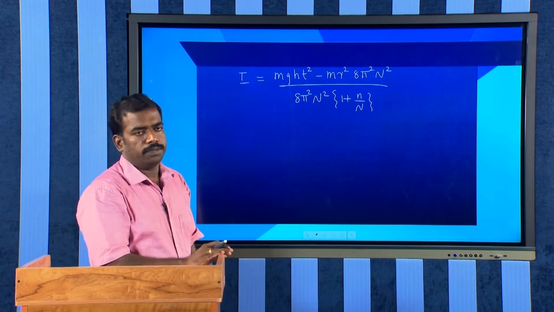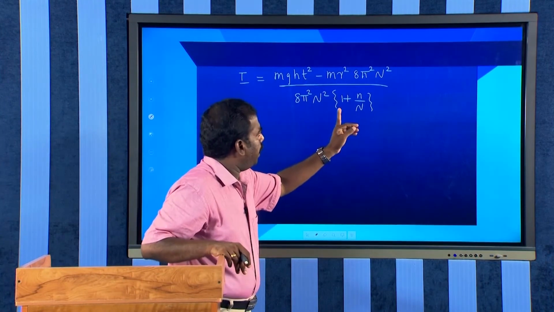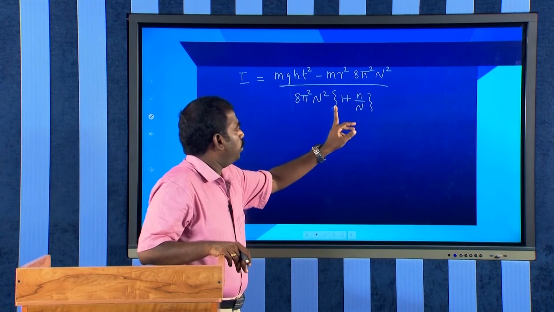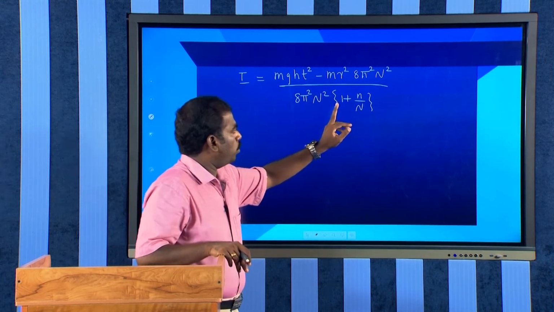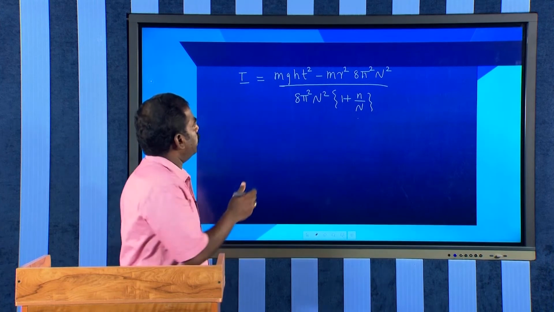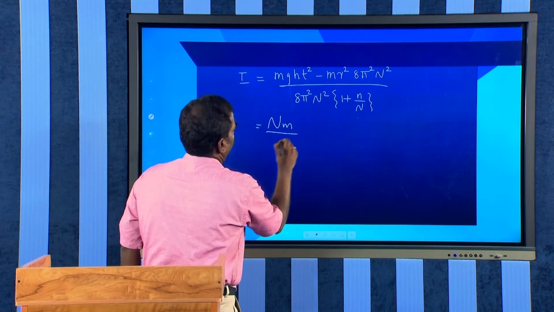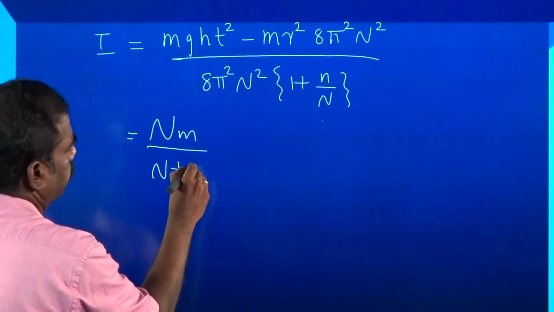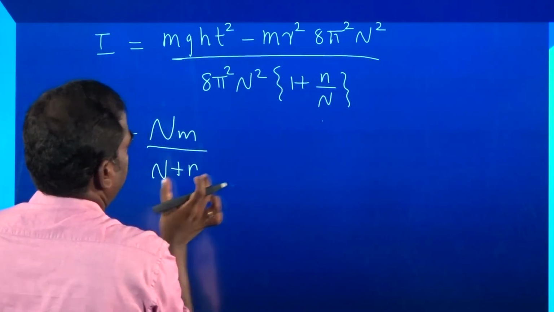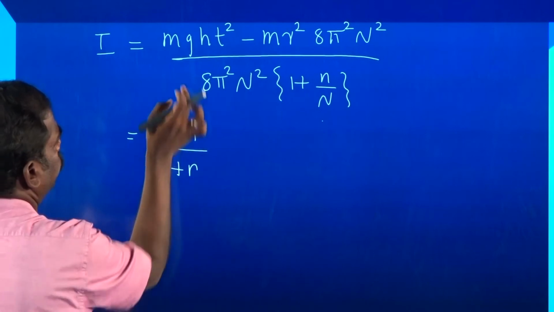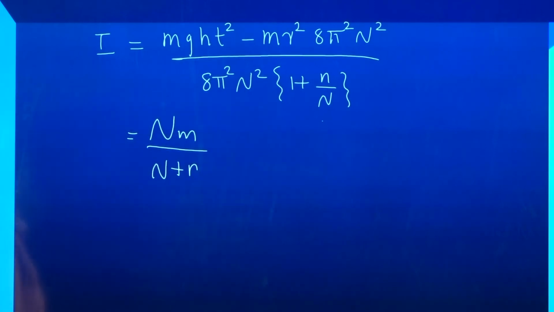So take the LCM here, N into N plus n, and send the N to the numerator, so that you will get N m by N plus n.